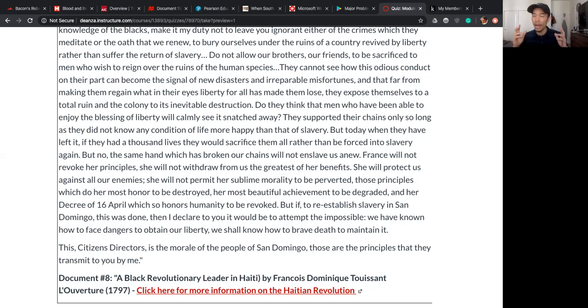So the point, not to give it away, is that you're going to have to analyze the social and the economic causes of those revolutions. And you're going to have to figure out in what sense, to what extent, the revolution is a fulfillment of the Enlightenment, or possibly a rejection of it.